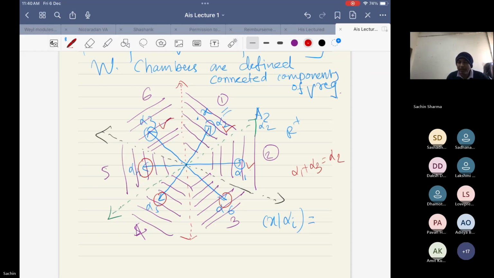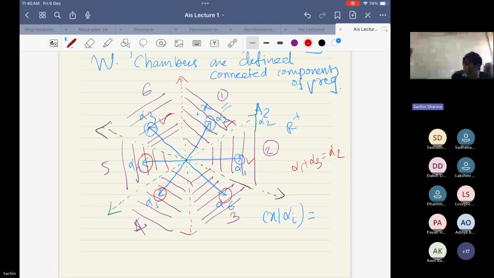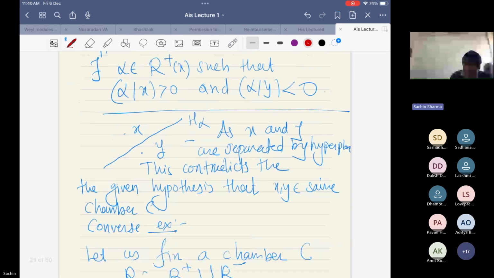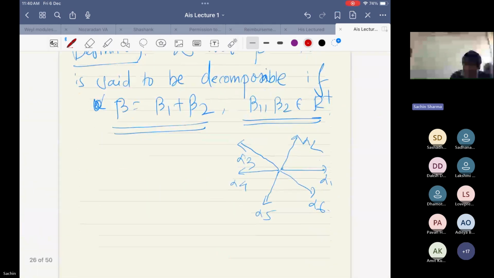And alpha 3 you cannot write as a linear combination of these two. I will leave the reason to you, but you will never be able to write alpha 3 in terms of alpha 1, alpha 2. Note that the angle is obtuse here. So that is the explanation of a decomposable root.